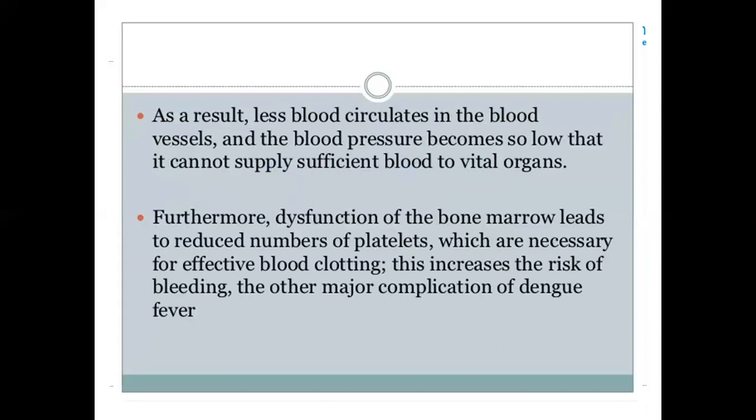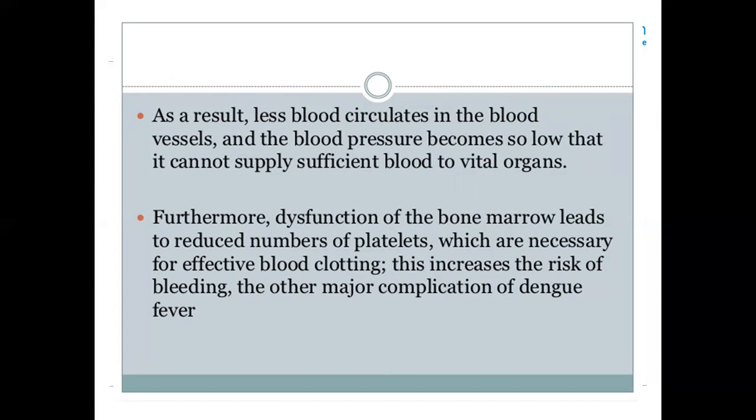As a result, the amount of blood circulating in the blood vessels becomes low, which in turn will decrease the blood pressure. And as the volume of blood and the blood pressure go down, the amount of blood that should reach a particular target tissue or organ will also get reduced.